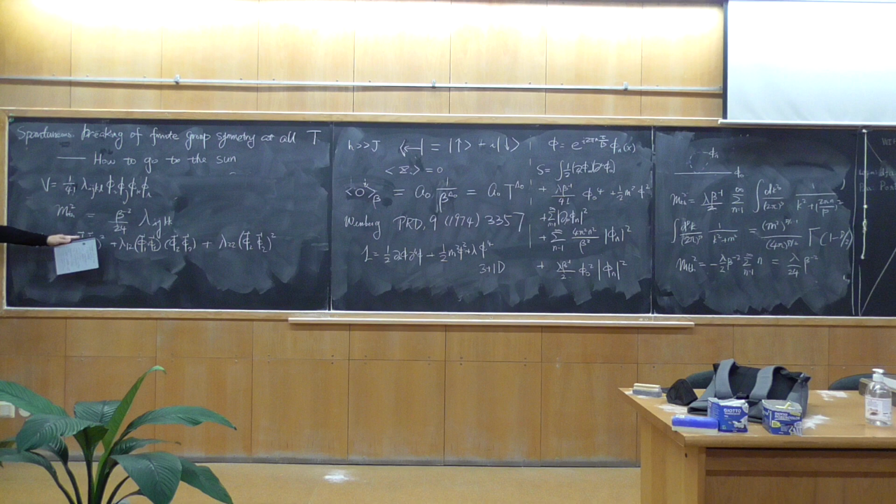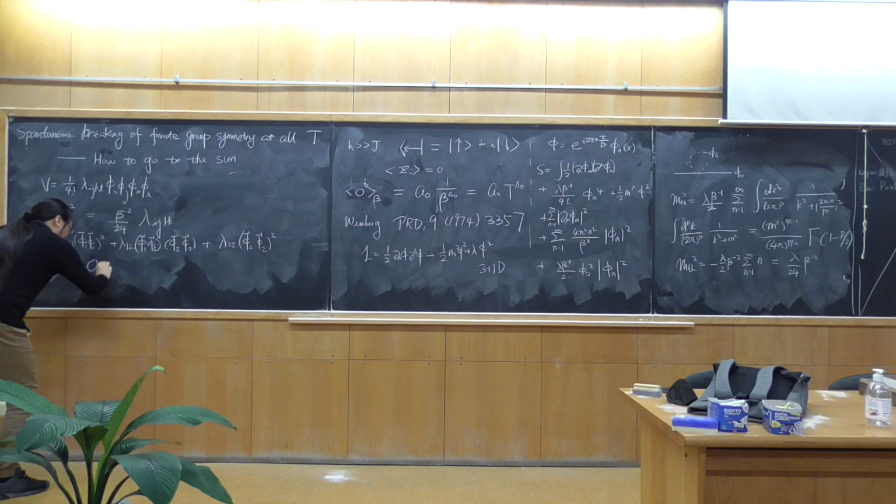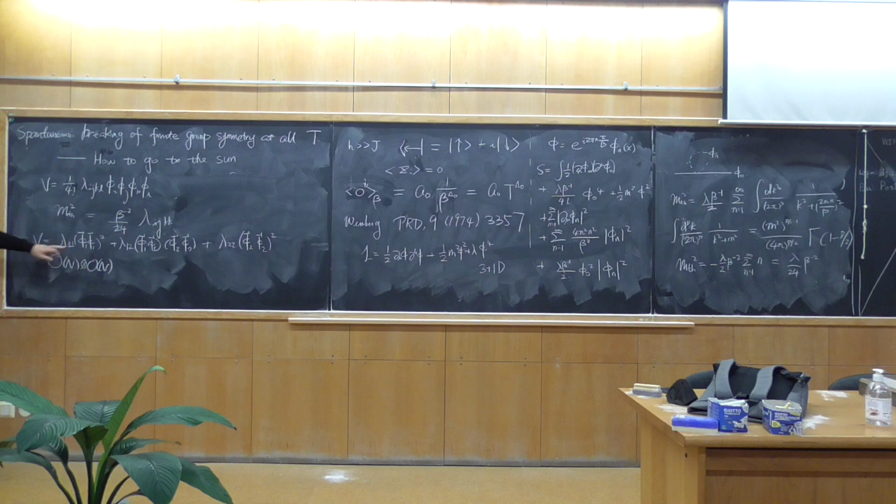This vector is an n-dimensional vector. So what I'm talking about is a potential that preserves On times On symmetry. The phi 1 would be in the vector representation of the first On, and phi 2 would be in the vector representation of the second On.